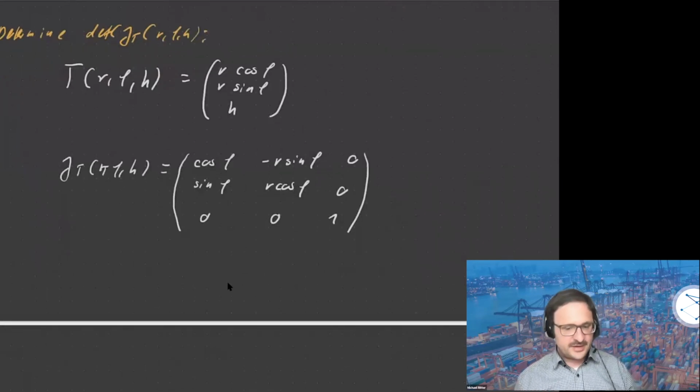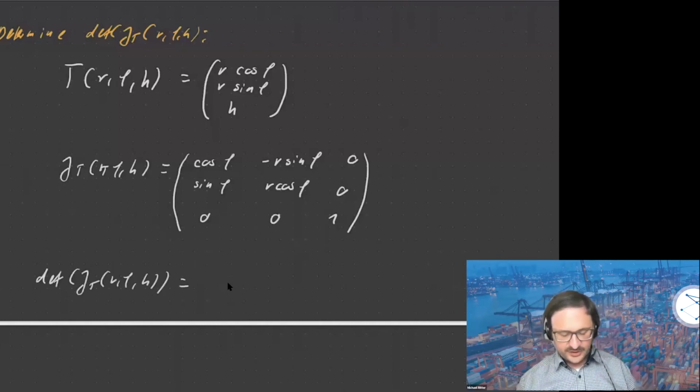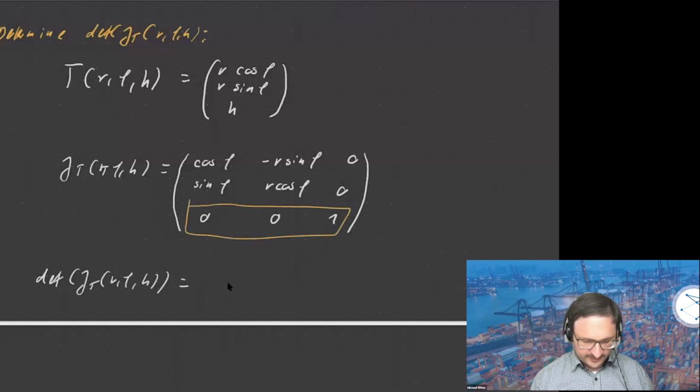So you can see this has a pretty nice structure. Now we can easily compute the determinant of that one by just using Laplacian expansion, for example, with respect to that third row here. So we get 1 times minus 1 to the third row, third column, so 3 plus 3, times the determinant of this here.